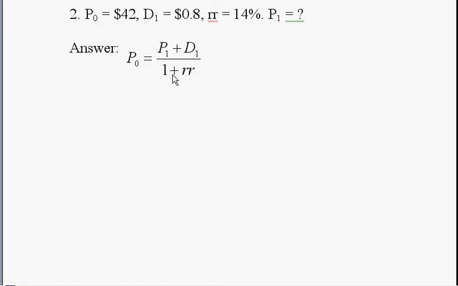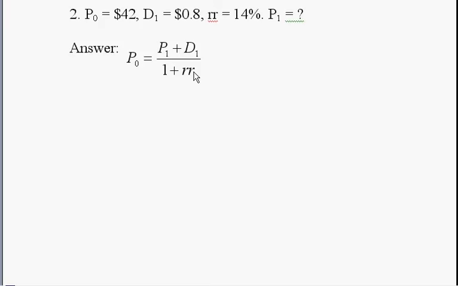Let's first look at this simple present value calculation formula here. It says the present price equals the future price plus the future dividend divided by 1 plus the required rate of return. Here is the current price, future dividend, required rate of return. 4 elements in this formula.